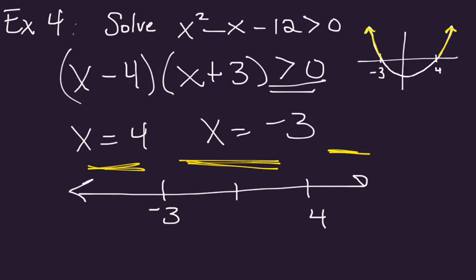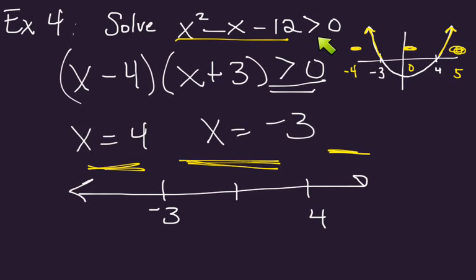If I'm going to do this algebraically, maybe you're very algebra focused, I need to pick a point somewhere over here, a point in between the numbers, and a number down there. So maybe we use 5, 0, and negative 4. I'm going to plug those 3 numbers into the equation up top and see which ones make it positive. Take 0, for example. When you plug 0 into this equation, what does it give you?